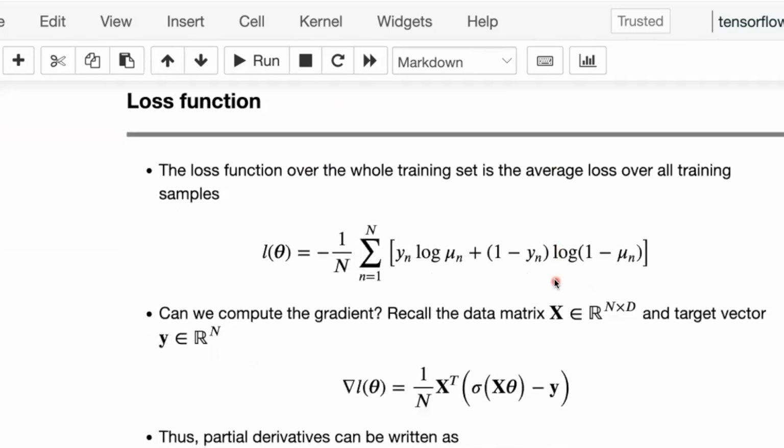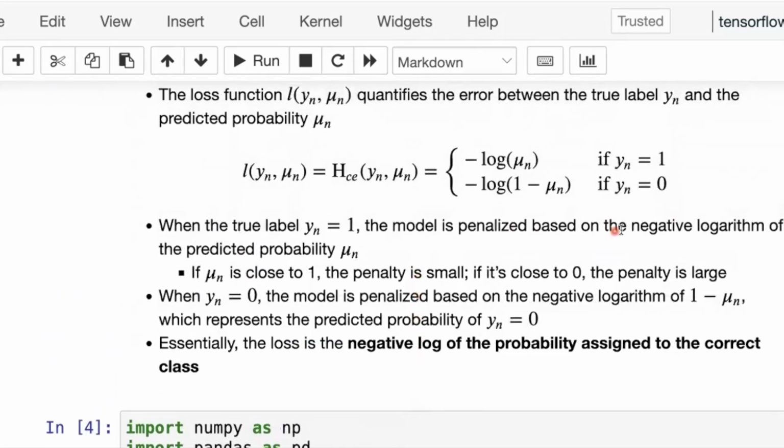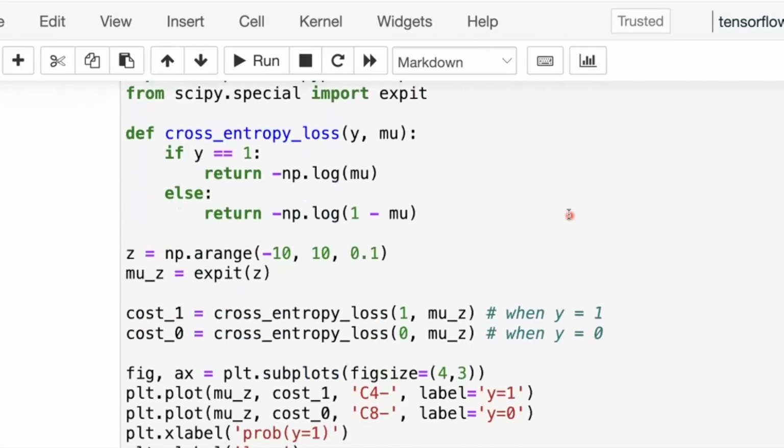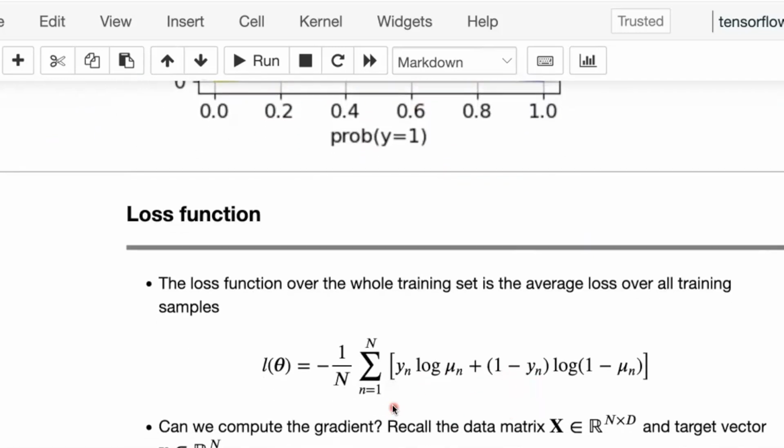So overall, this means that if you want to find the loss function over the entire training set, because what we have done is only for one sample, we can do this in this form. The only thing that I added here is that instead of having a piecewise function, like what we have here, I'll multiply the first term by yn and the second term by 1 minus yn. And we can do this because yn is either 0 or 1.